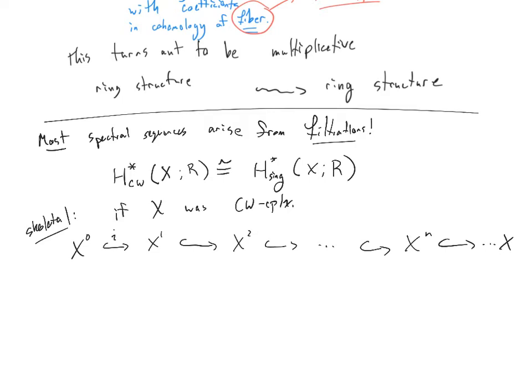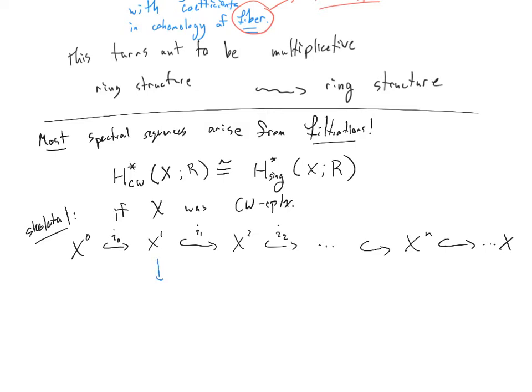Let's call them I0, I1, I2, etcetera. So you look at each of these inclusions and what they do on the long exact sequence associated to this pair. So you kind of look at these progressive filtrations.